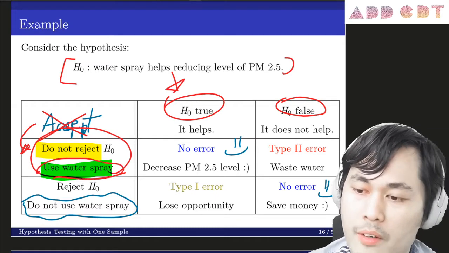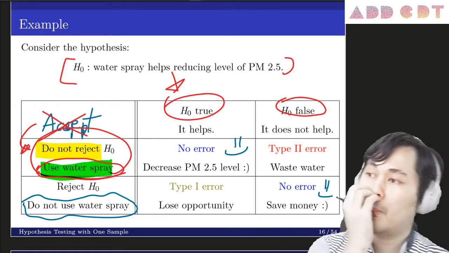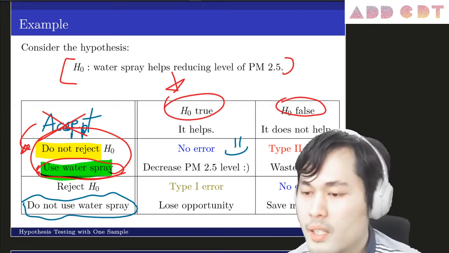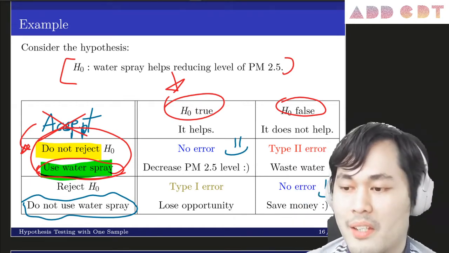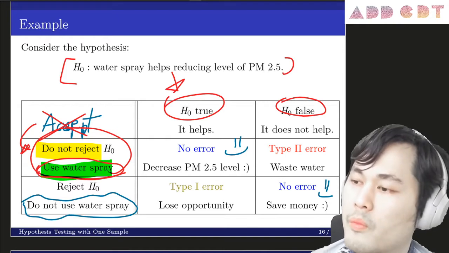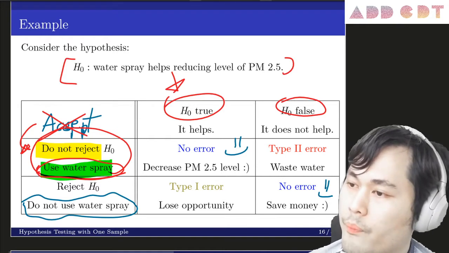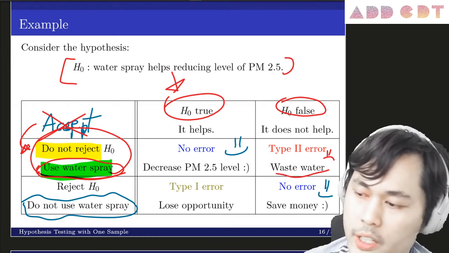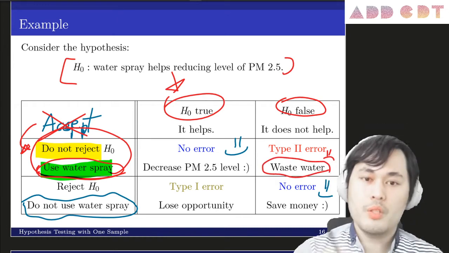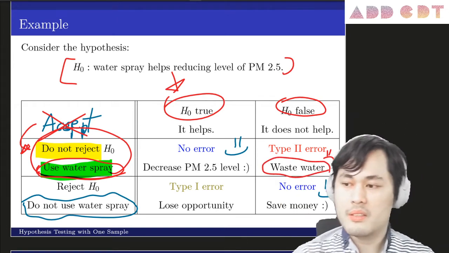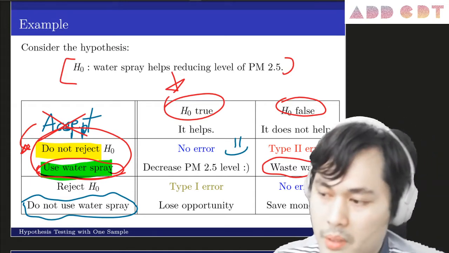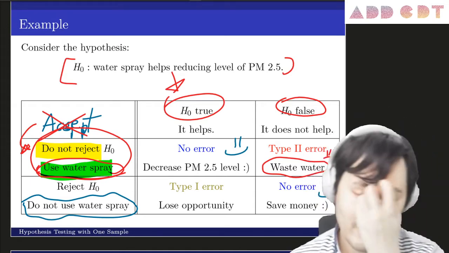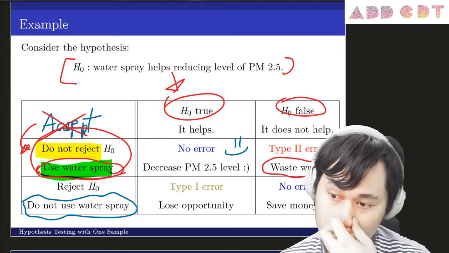We spend millions, 10 millions, to spray water all over the place, but it turns out to be false. That means we waste water. So we do something, but it doesn't yield any good result. So we waste water, and we don't want that to happen, of course.